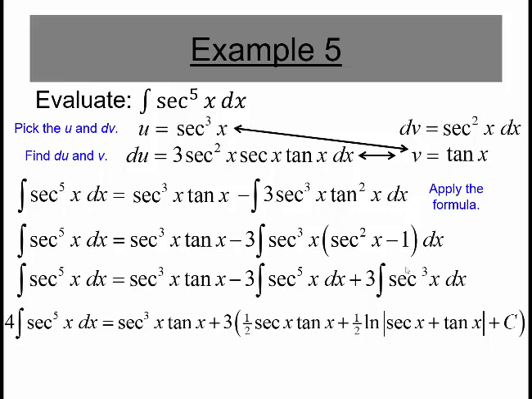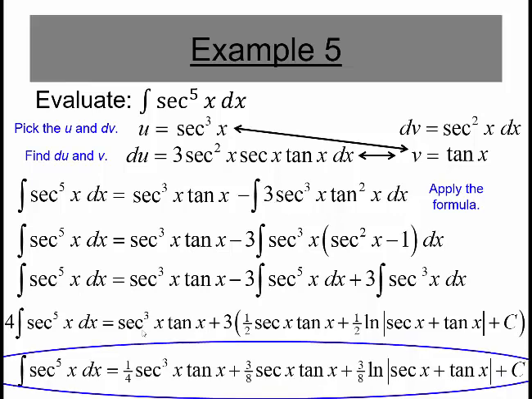On your own, verify that this integral becomes this. The final step would then just be to divide by the 4, and this is what you get for your answer. So for some of these, when you do by parts, don't be afraid to get back to what you had before, and then just add it over and divide the constant by.